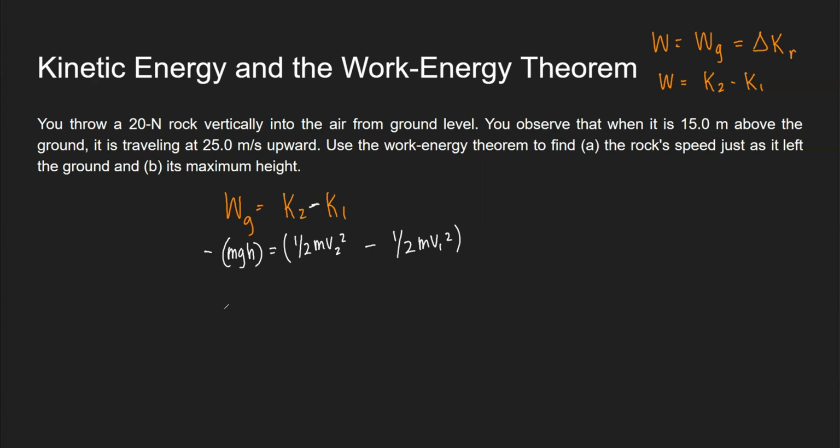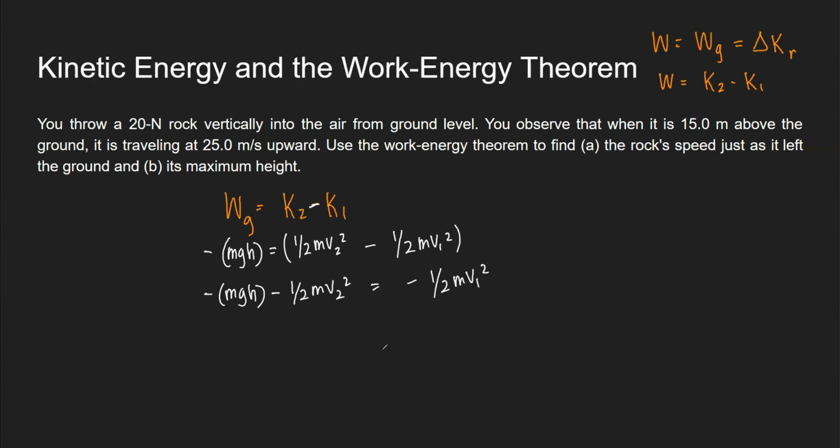because again, we don't have any v1 here, and that's what we're looking for. So I'm looking for my v1. So what would it be? My v1 would just be negative mgh minus 1/2 mv2 squared equals negative 1/2 mv1 squared.